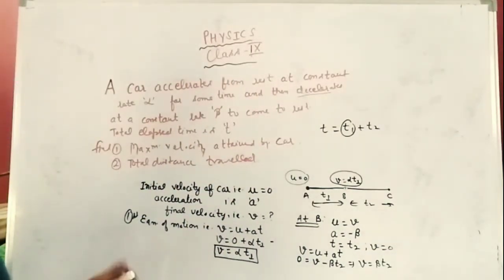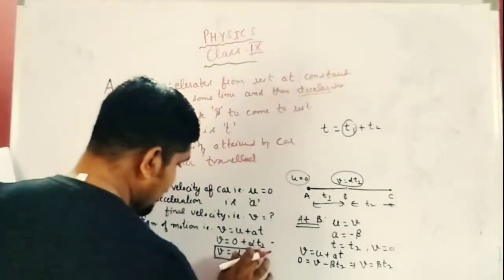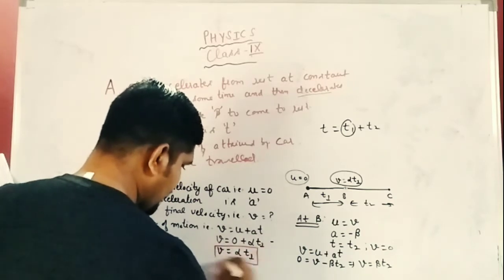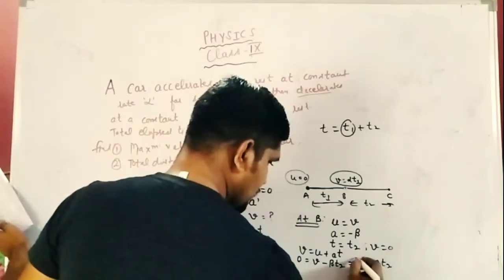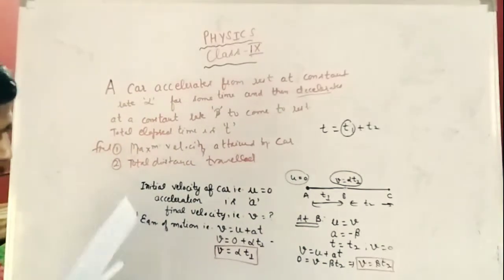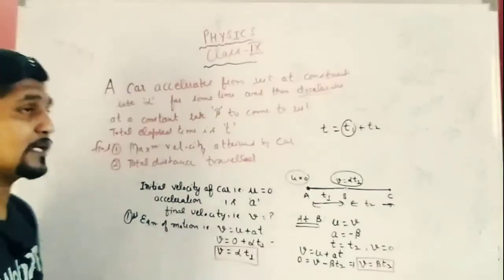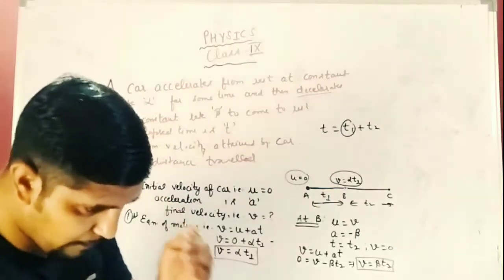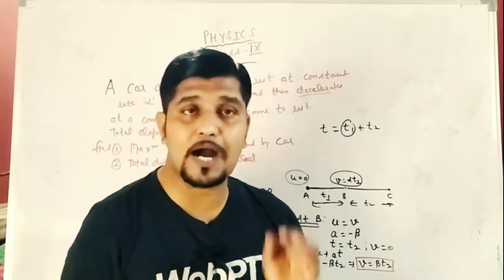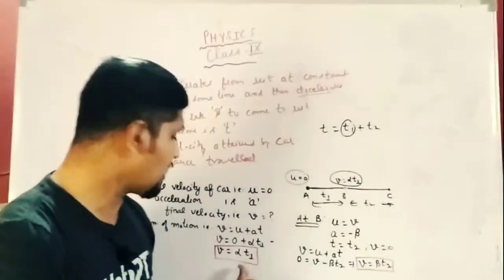So what has come here, v is alpha t1, and here we have v is equal to beta t2. It means when the car is accelerating from rest with a constant rate alpha, the final velocity of the car at point B is alpha t1.